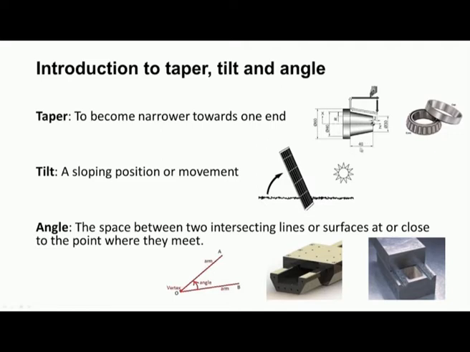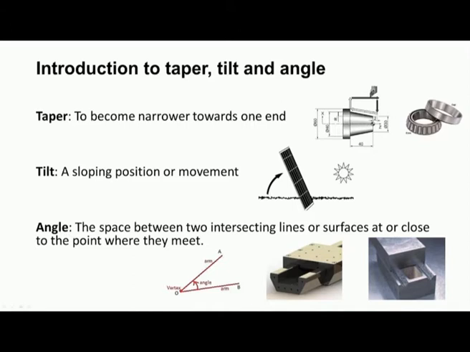The length of this particular portion of the component is 40 millimeter, and from here to here the diameter is 40 millimeter, and towards the other end the diameter is reducing. At this particular location the diameter is 30 millimeter. That means the size is getting narrowed towards one end. Such components are called tapered components.